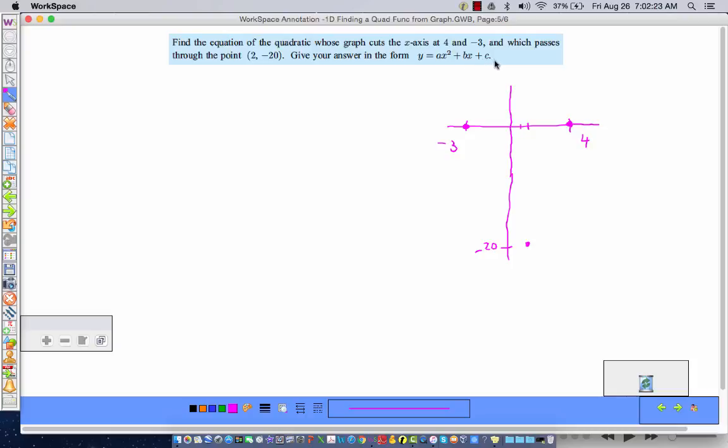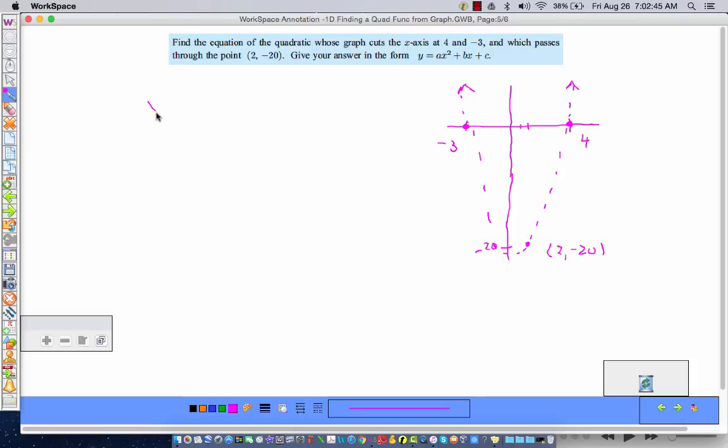I'm going to label this point 2, negative 20. And we should be able to tell whether or not this parabola opens upwards or downwards. The only way it's going to go through this point is if it looks something like this. That's not too good, but you get the picture.